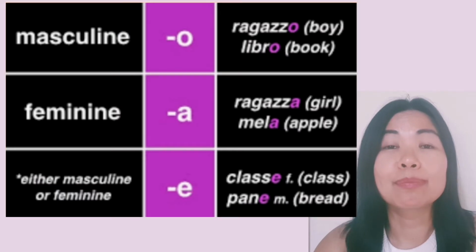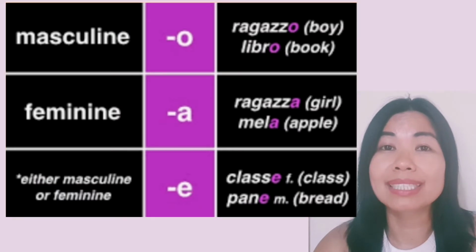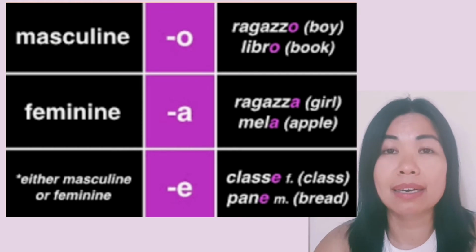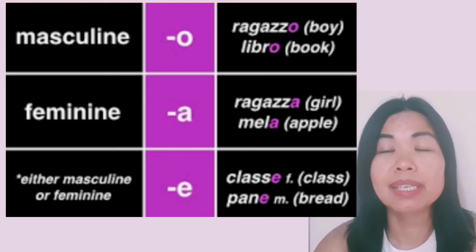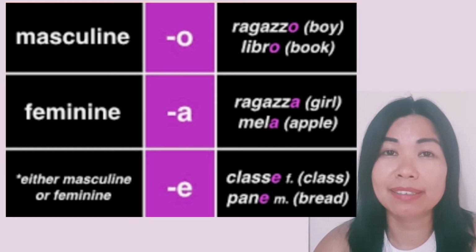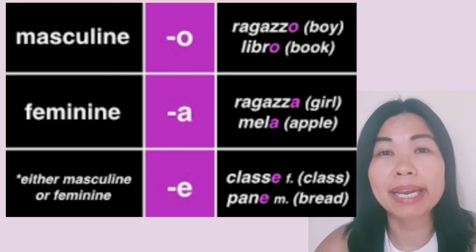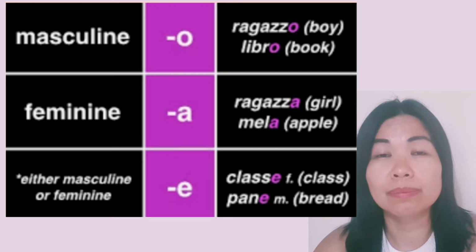So, more or less, this is how Italian words work. Words that end with the letter O are generally masculine, and words that end with the letter A are feminine. And words that end with the letter E are either masculine or feminine. So, you have to bear in mind that in Italian, everything agrees with the gender and the number of the noun.